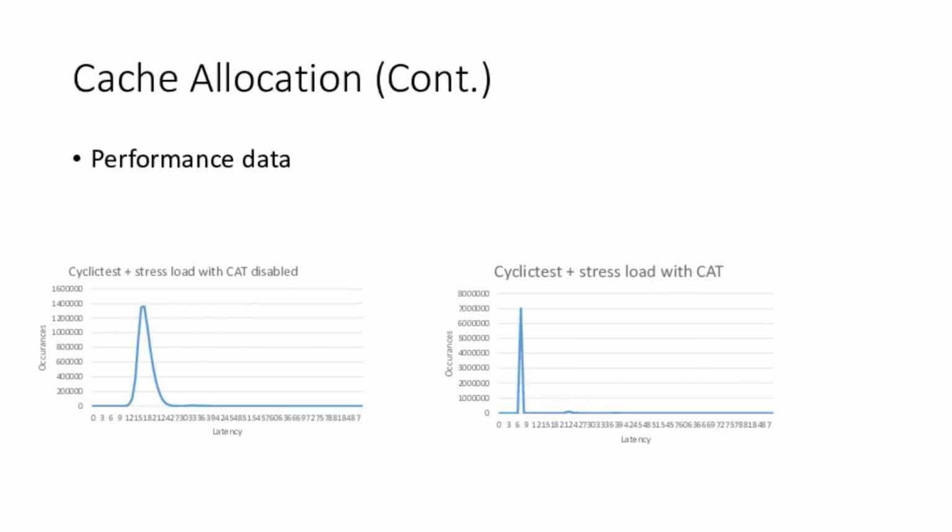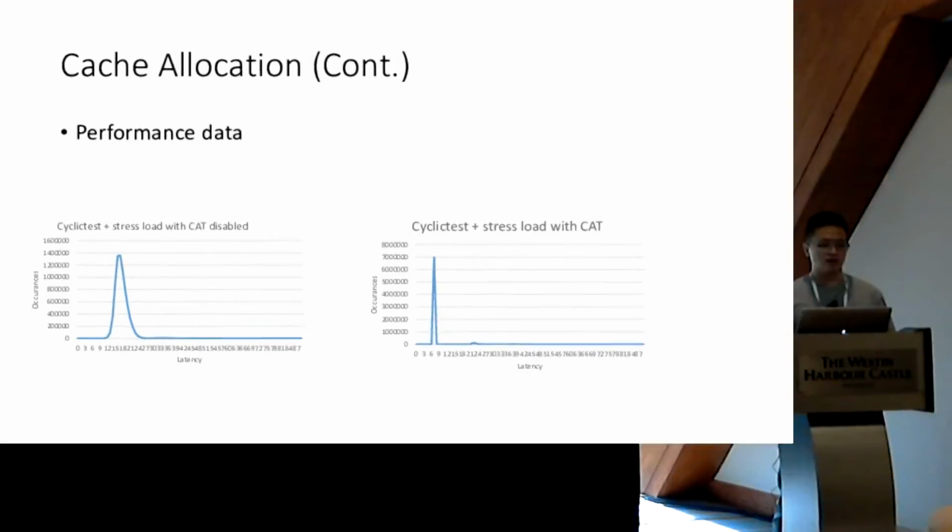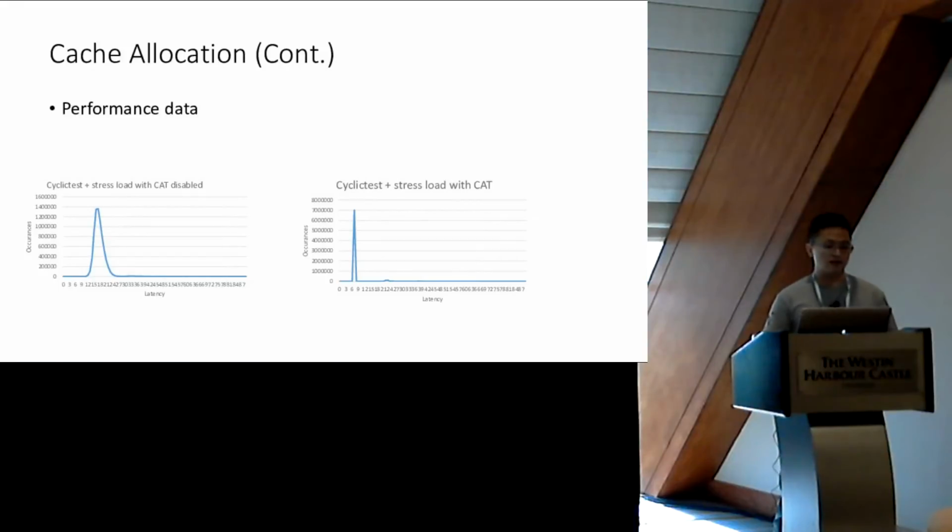This is the performance data for CAT. We can see from the picture that if we didn't use CAT, the worst case is between 12 and 24. After we use CAT, the worst case is only between 6 and 9.